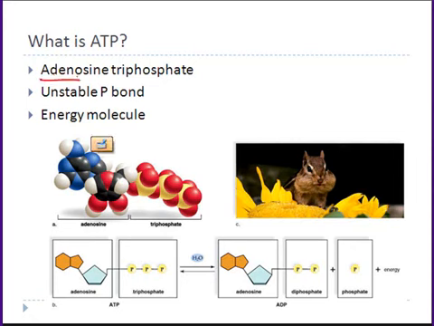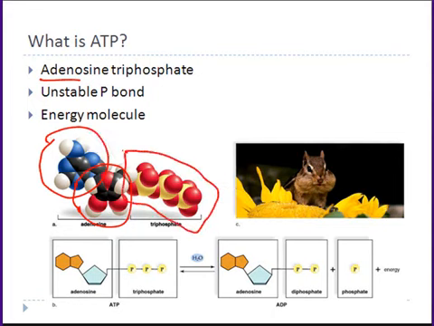The base is adenine, and instead of just having one phosphate group, here we have three. Here's my adenine, here is my sugar group, and then instead of having one phosphate like we see in DNA and RNA, we have three phosphates bonded to it, which is why it's called adenosine triphosphate.